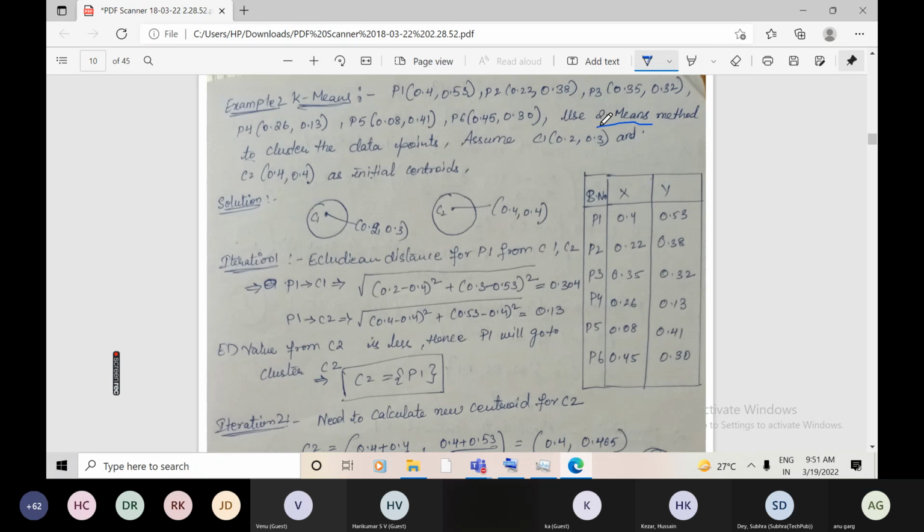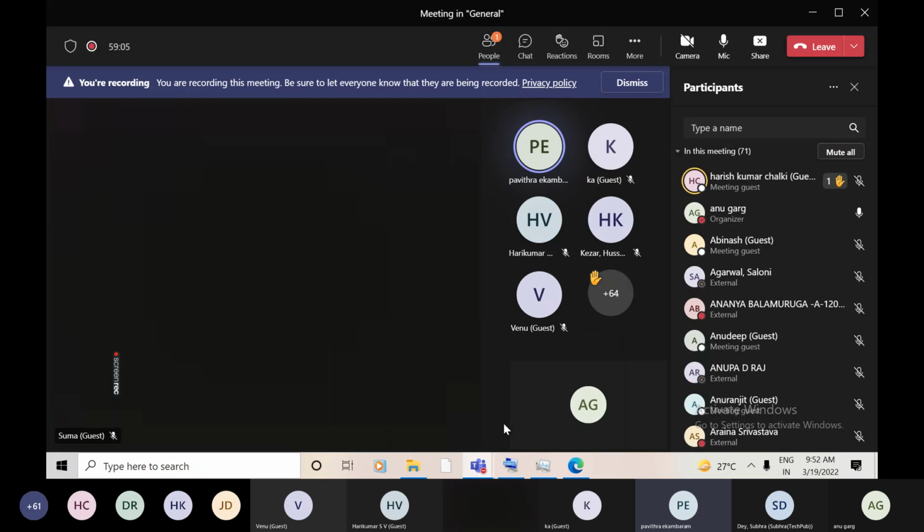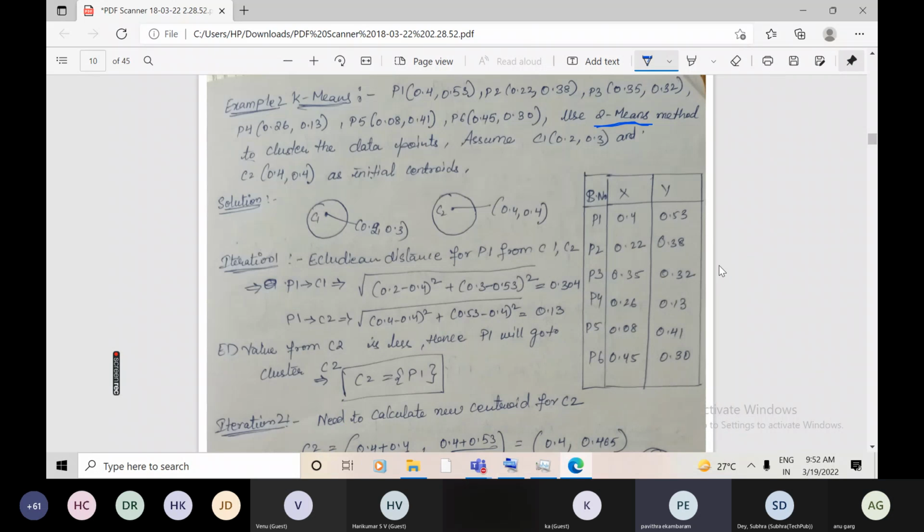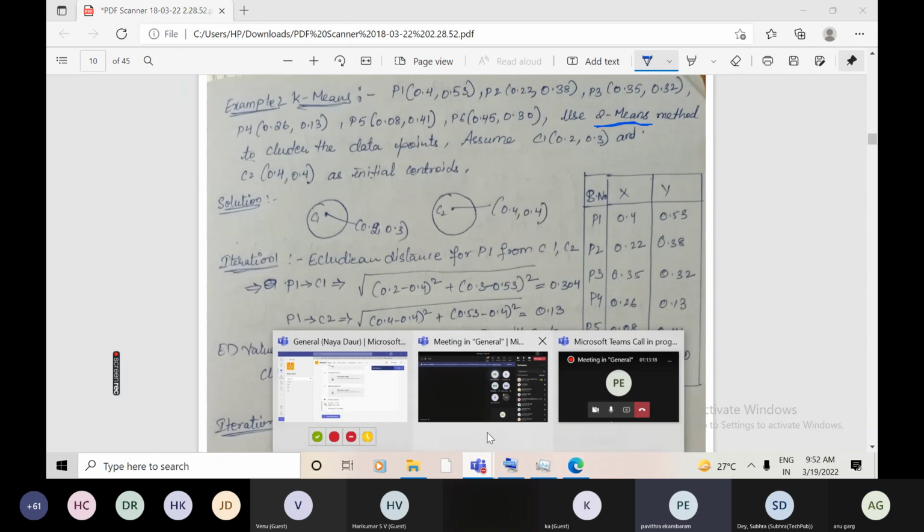Sorry Anu, one question. In the previous example, as you added new points, you recomputed the centroid. But as per my understanding from the class, initially we assume K1, K2 as centroids, right? We need to compute for all the points what is the closest neighbor, and after we computed all the points, then again we recompute.